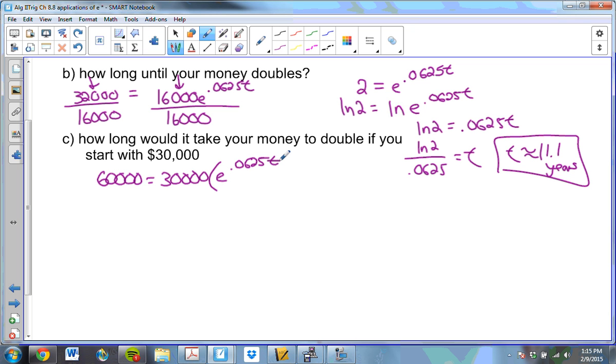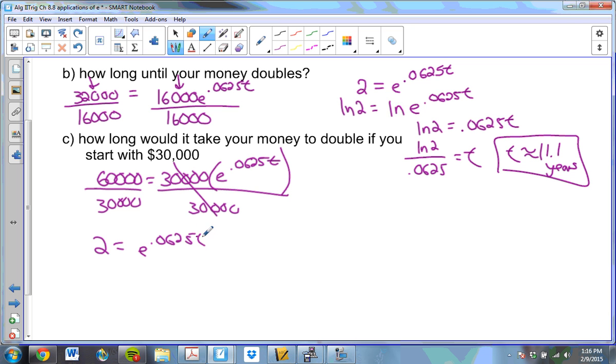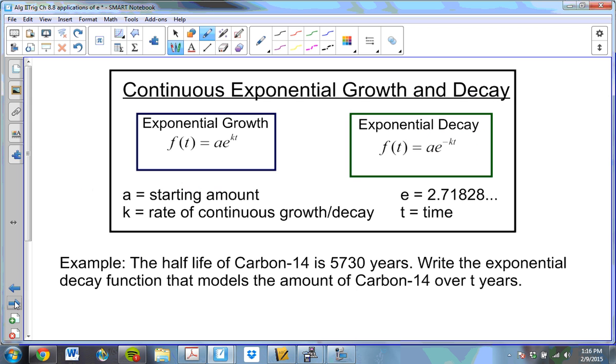Still when I do the division, these cancel and I get 2 again. I'm going to have the exact same answer I had before. It doesn't matter how much money you start with. If you're wanting to double or triple or increase by some sort of multiplier, the starting amount of money doesn't matter. It'll be the same amount of time no matter what. So that's a good property to understand.